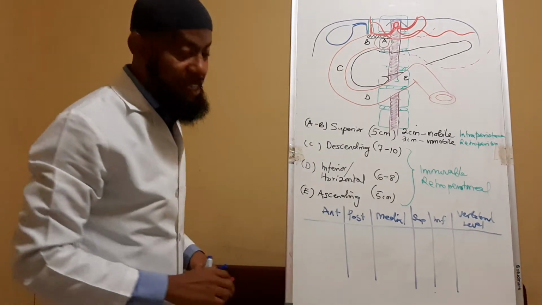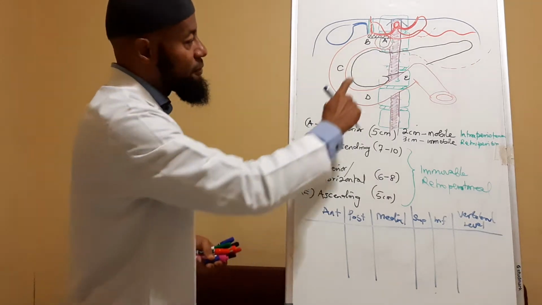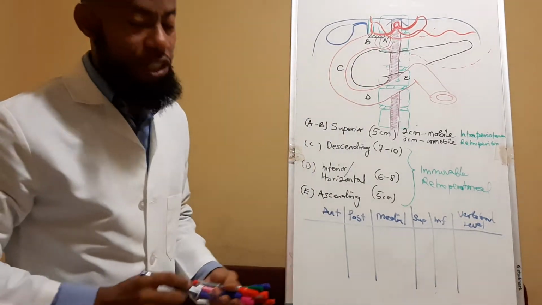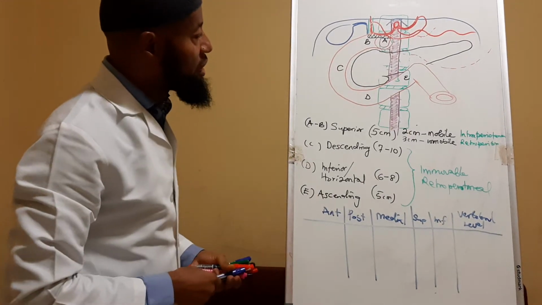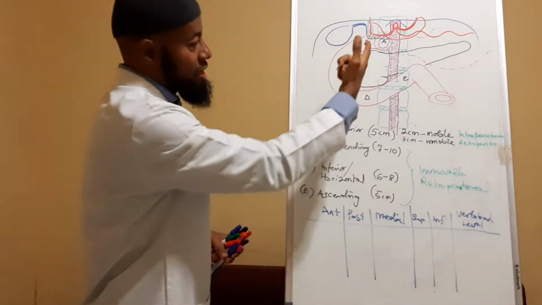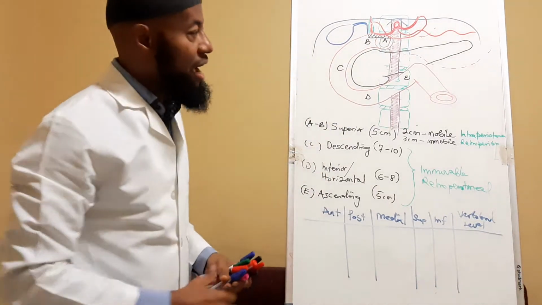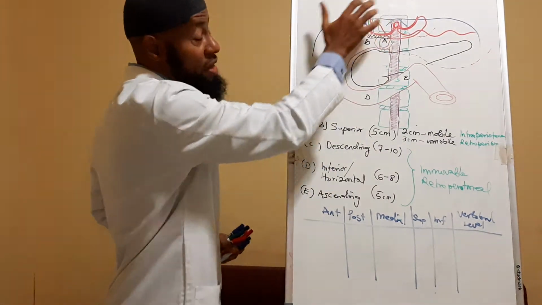Now structures that are anterior to it, look at that. Structures that are anterior, take note of that, to the superior part of the duodenum will be your gallbladder. The peritoneum, of course, that's the peritoneum. And the liver is right there. You see? The liver is right there.